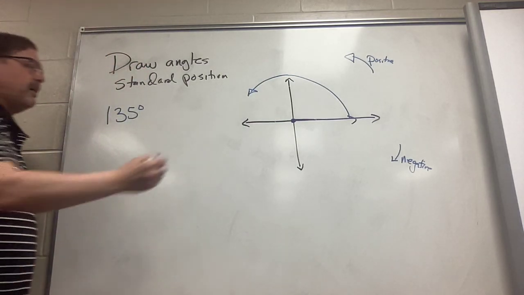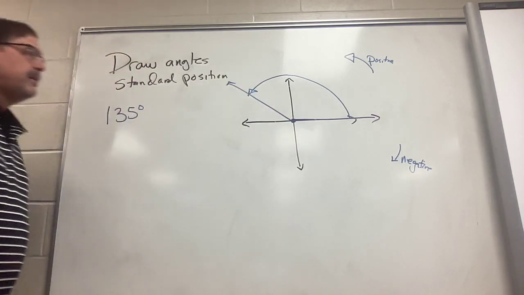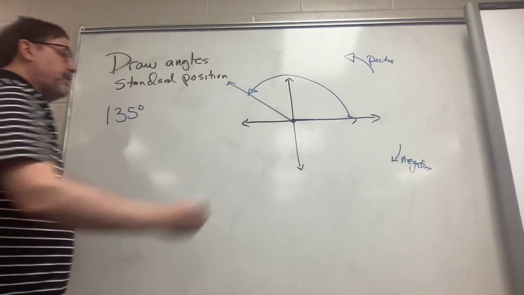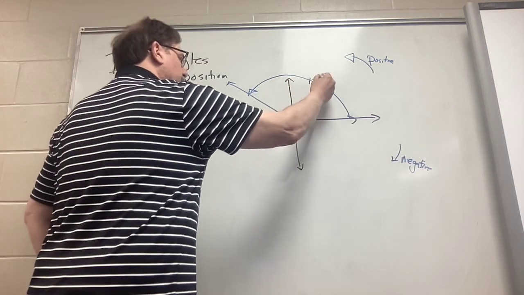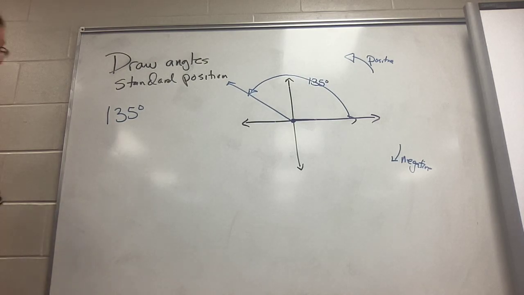And when you stop there, would you then please connect from 0, 0, and that would be approximately a 135 degree angle. We're going to be drawing lots of these.